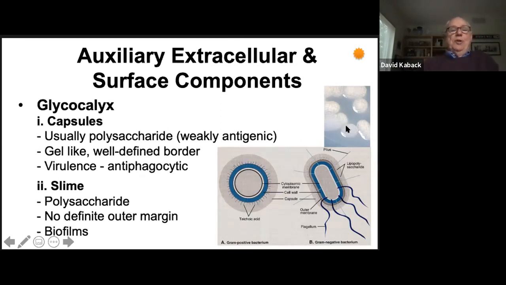If you were to make a slide from that, the cells would still be distinct, and they would be able to fly off one another because the capsule has a well-defined border. And capsules, as I mentioned, are very often antiphagocytic, as I'll show you in a minute.